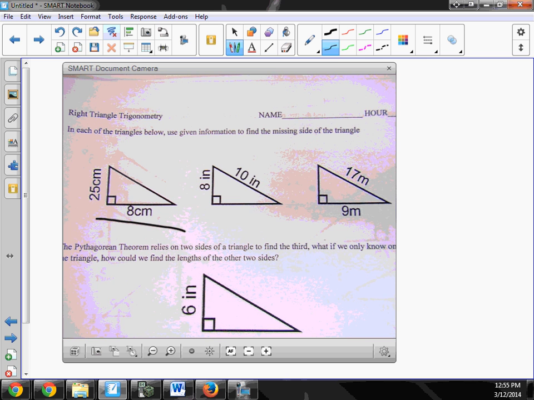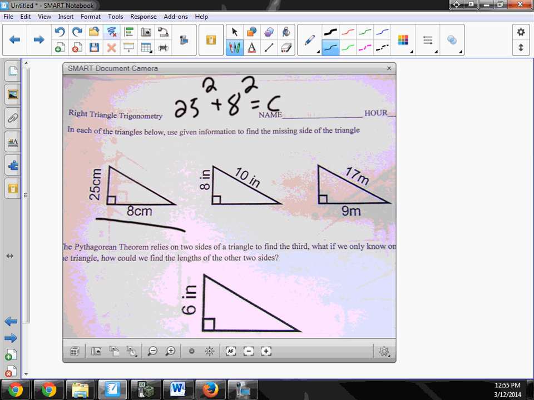C. So it's going to be 25 squared plus 8 squared equals C squared. You guys all know how to find that, right? 625 plus 64, square root it. What do you get? Yeah, what's the square root of 625 plus 64?